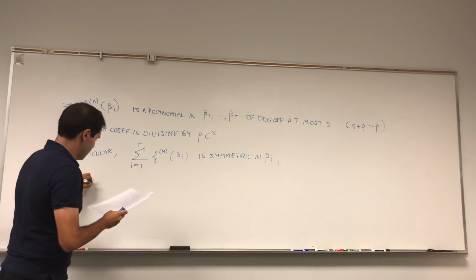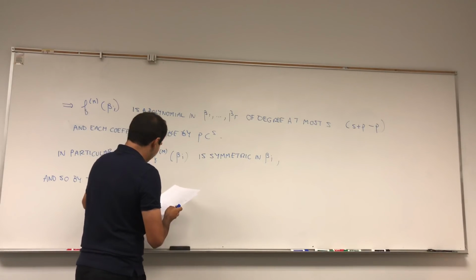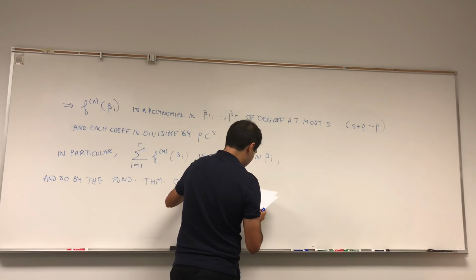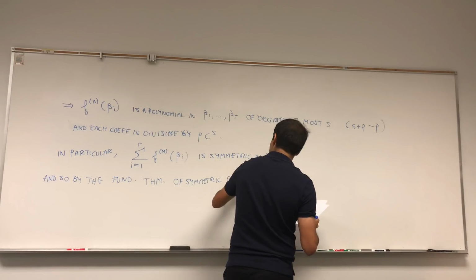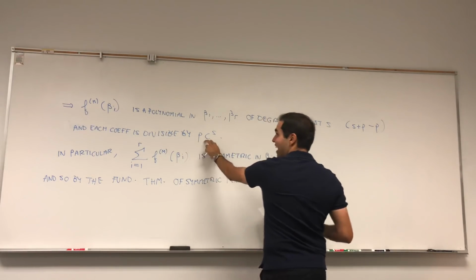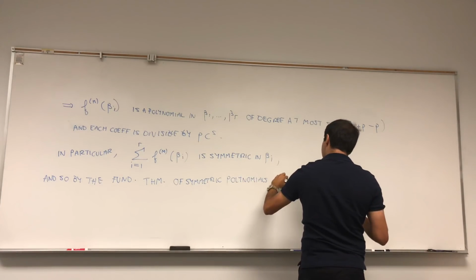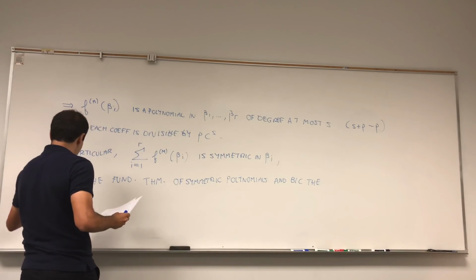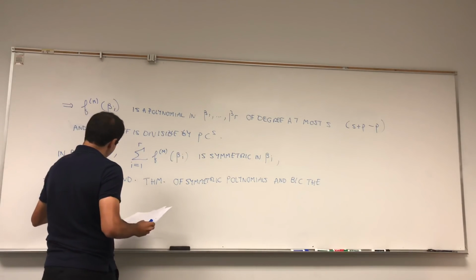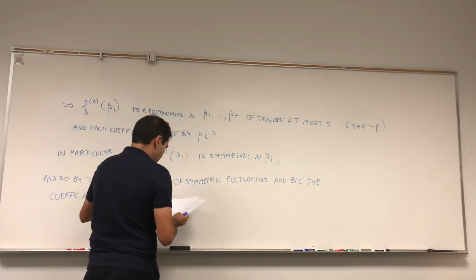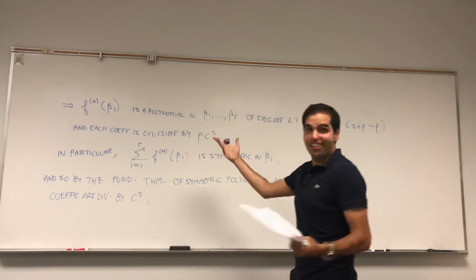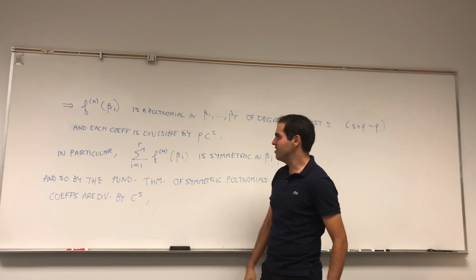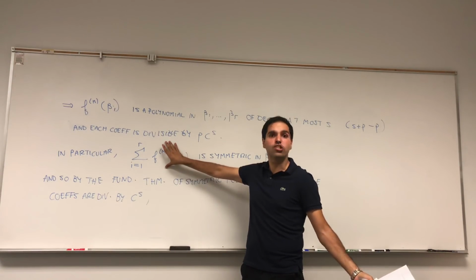So by the fundamental theorem of symmetric functions or symmetric polynomials, and the fact, this it turns out is very important, that the coefficients are divisible by c to the s, it follows, and again it's pretty surprising, that because of this symmetry assumption and this divisibility assumption, this whole expression is an integer.